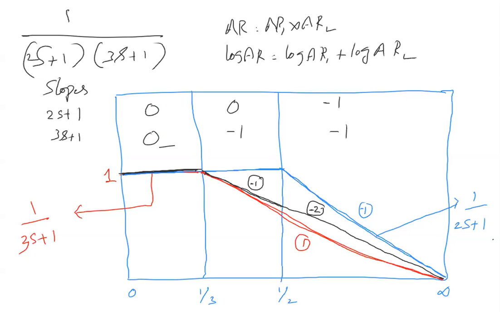So what is the overall sum? 0. What is the overall sum? Minus 1. What is the overall sum? Minus 2. Clear? So the overall slope is the sum of individual slopes, because the overall amplitude ratio is the product of individual amplitude ratios, so log AR is the sum. Just observe this one.